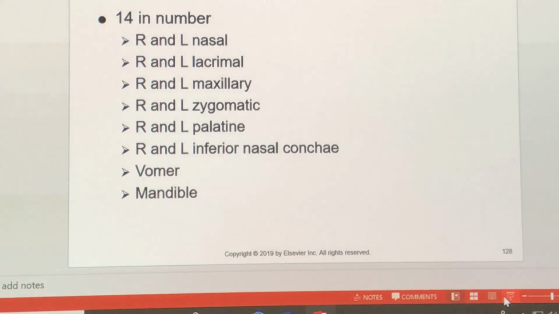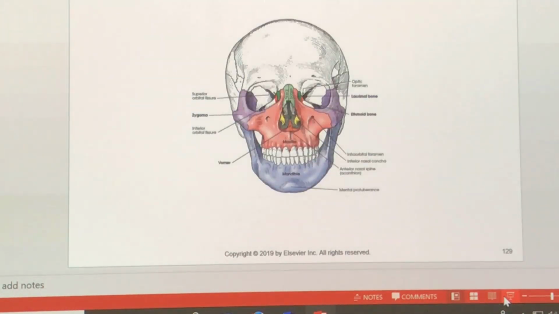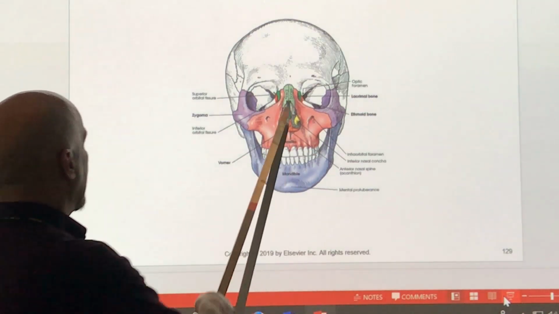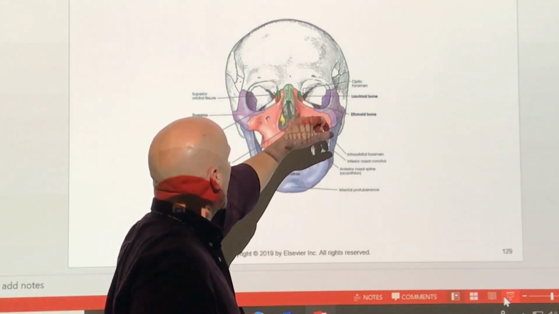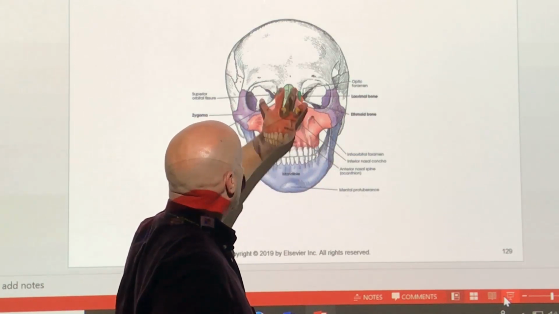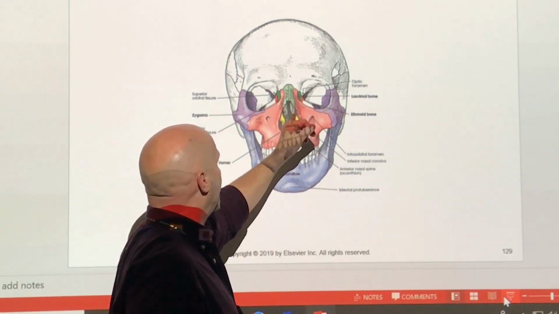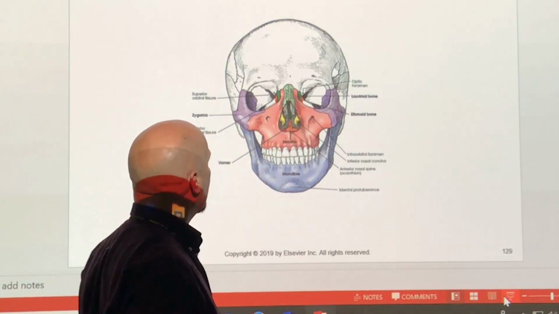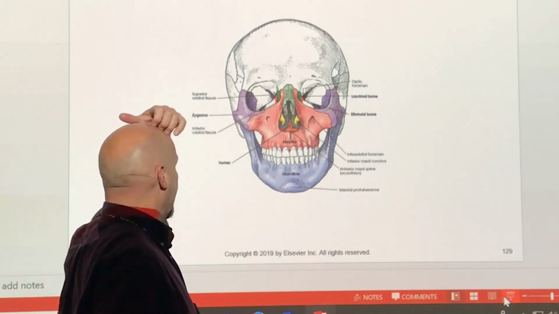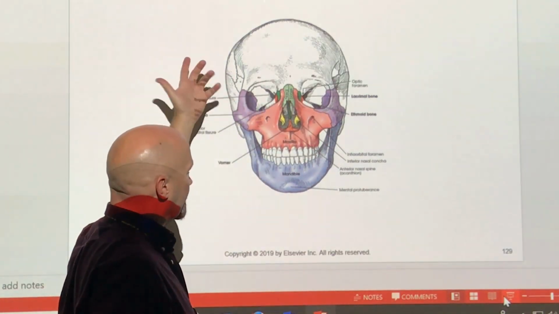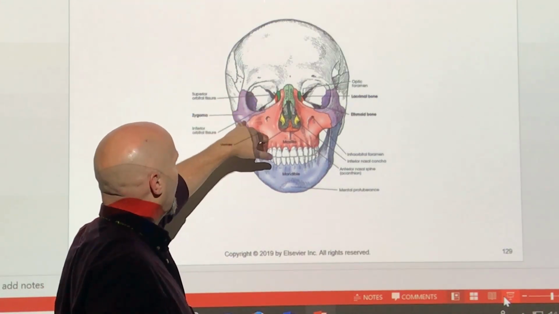So, picture of the facial bones there. Again, we've got the nasal bones, then we've got the lacrimal bones, then we've got the maxilla. On the inside, we've got the turbinates, and we've got the vomer, that's the nasal septum there, superior orbital fissure, which really doesn't have any play here, it's just labeled.